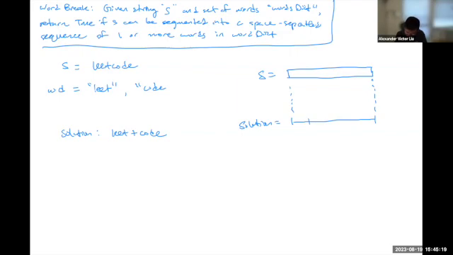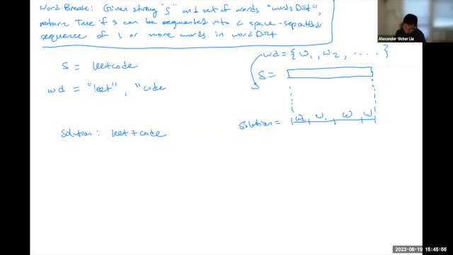So let's say we had our word dictionary here, and it was a set of words W1, W2, and so on. Our solution would look like a set of discrete words from this word dictionary. Maybe this is W2 here, maybe this is W1 here, and so on and so forth, that can be combined to create the solution.